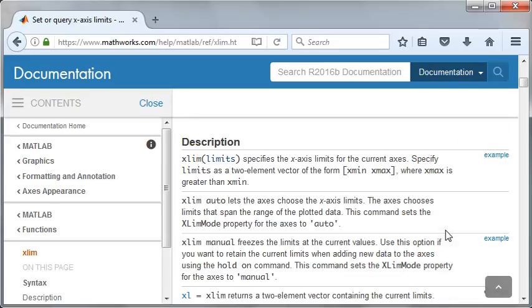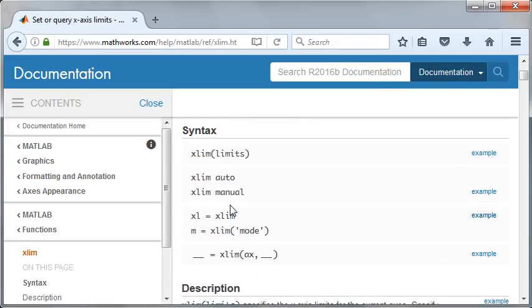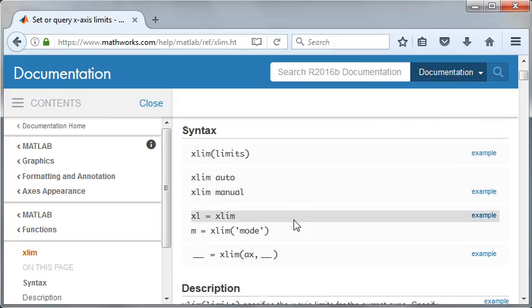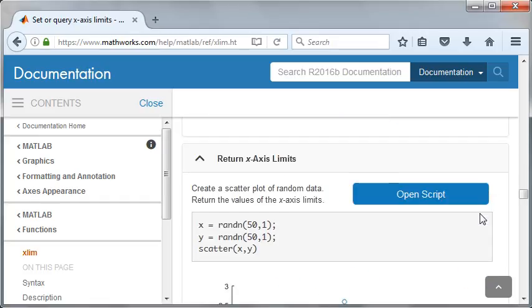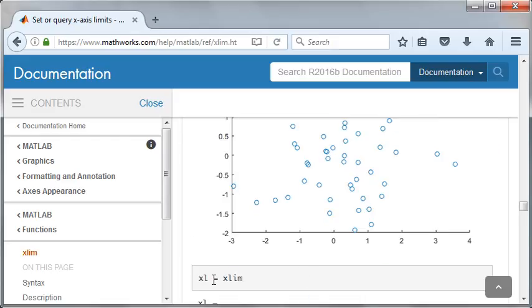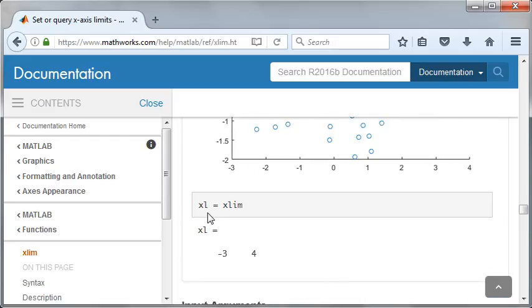And I look down here and it's xlim, it looks like. Return the values of the x-axis limits, and this is where they get the x-axis limits. And then they're being printed right there. All right.